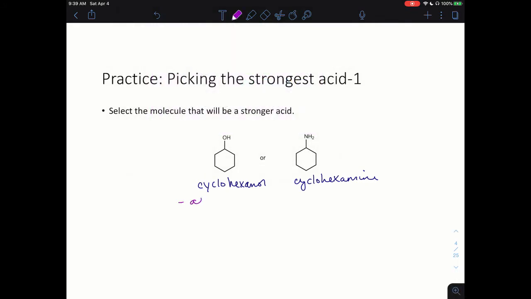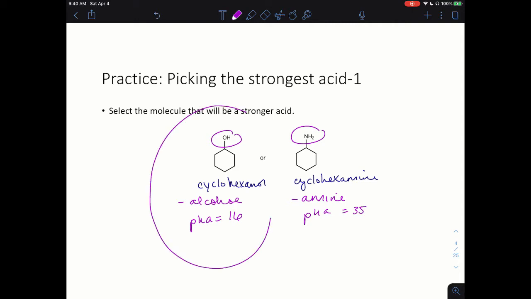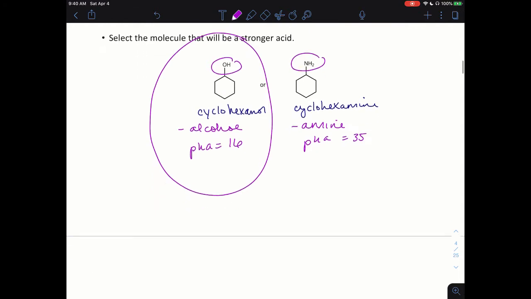Well, hopefully you can identify that cyclohexanol has the alcohol functional group. Cyclohexamine has the amine functional group. A generic alcohol has a pKa of 16. A generic amine has a pKa of about 35. And so the alcohol will be the stronger acid because it has a smaller pKa.